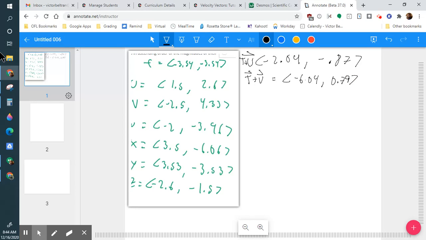And then we're going to do it for TV. So this is supposed to be a W. I guess I didn't copy it down right. So let's do TW.